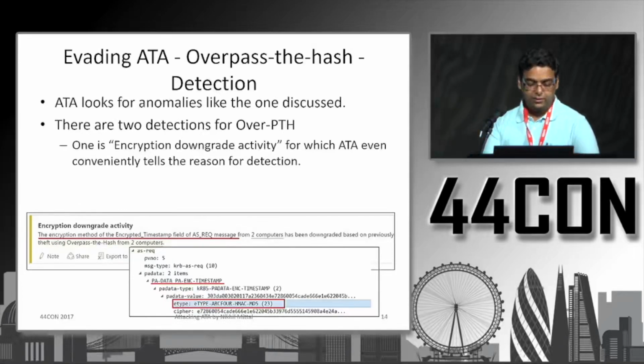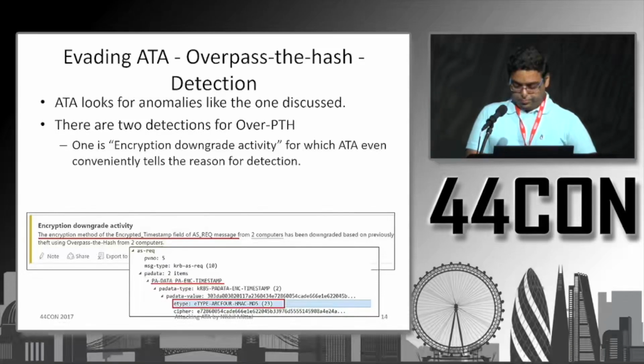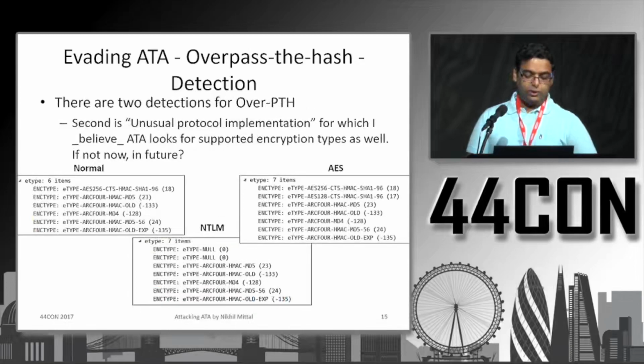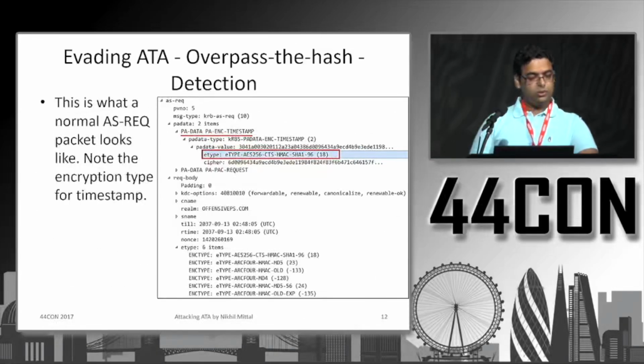That's exactly what it is complaining about, that you have downgraded this field. There is another detection of it. It says unusual protocol implementation. I'm not sure what it looks for. Maybe these E-types, if you see here, these may be the supported E-types. Okay, you can't see the pointer, sorry. Maybe these E-types.